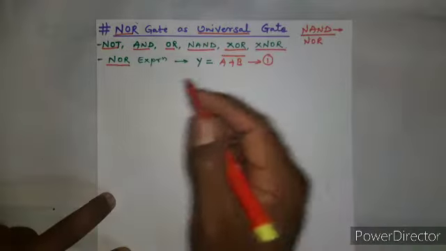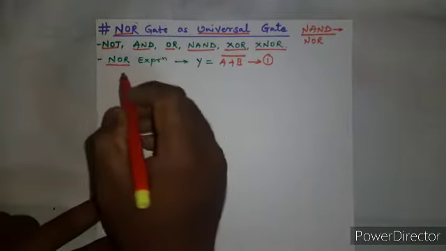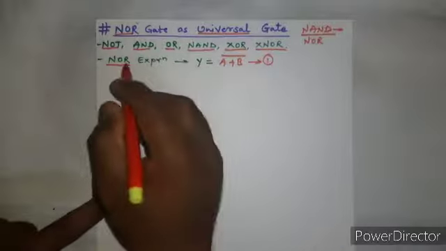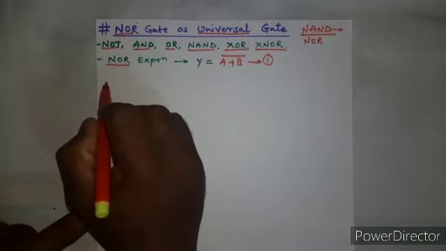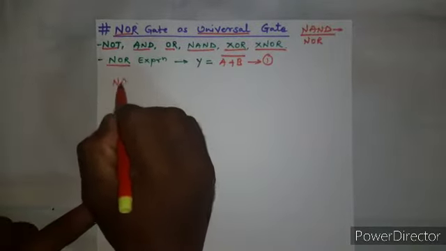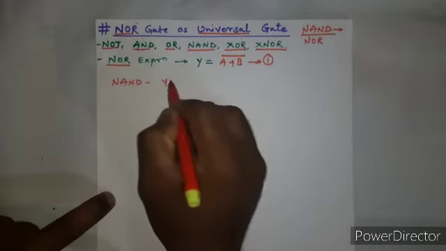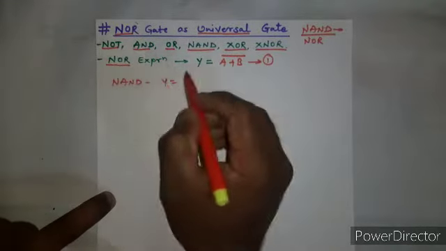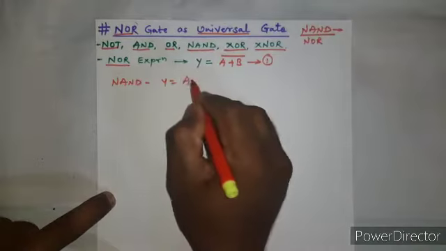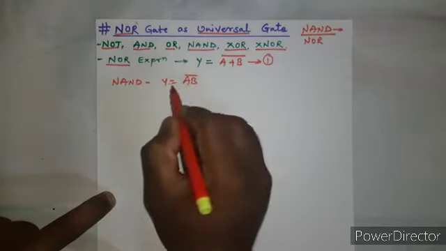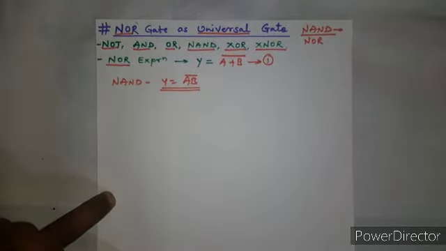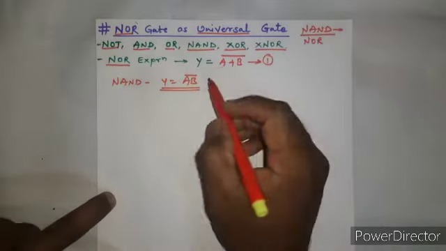Okay, now we have seen for NAND gate. In the NAND gate as a universal gate, we converted all the equations of other gates into this form, (a b) whole bar, right?